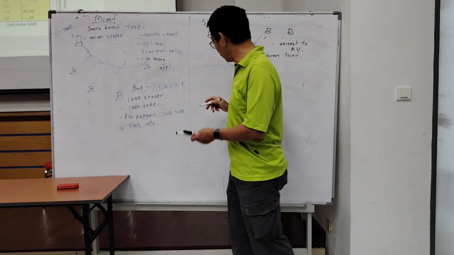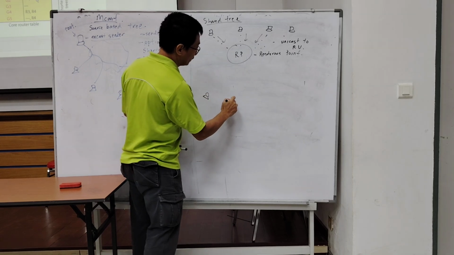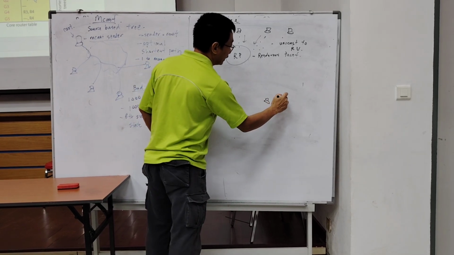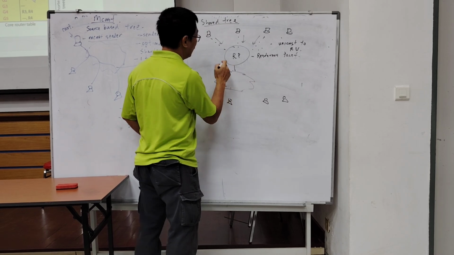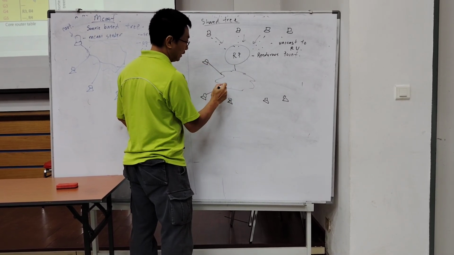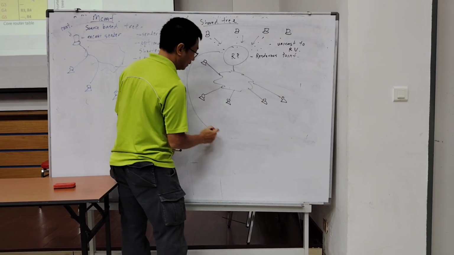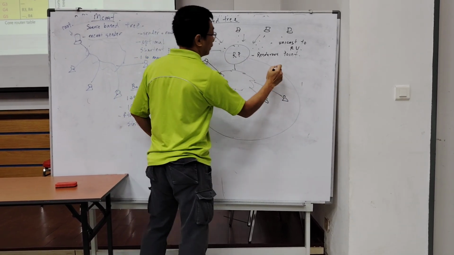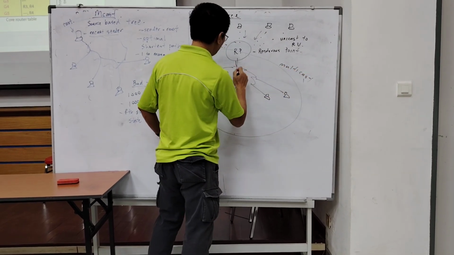Then you have the receivers here, all these receivers. Even there's a receiver here. Over here is multicast, and the tree is shared.